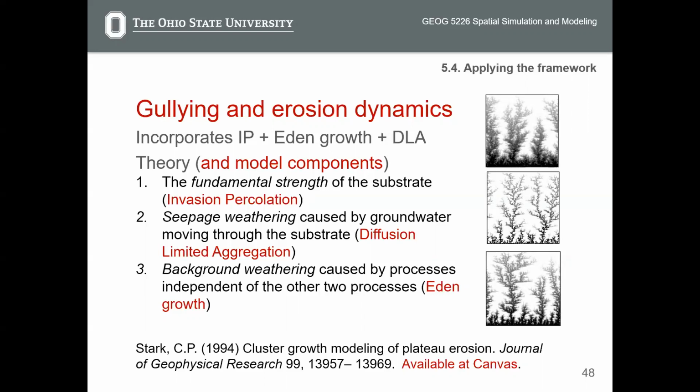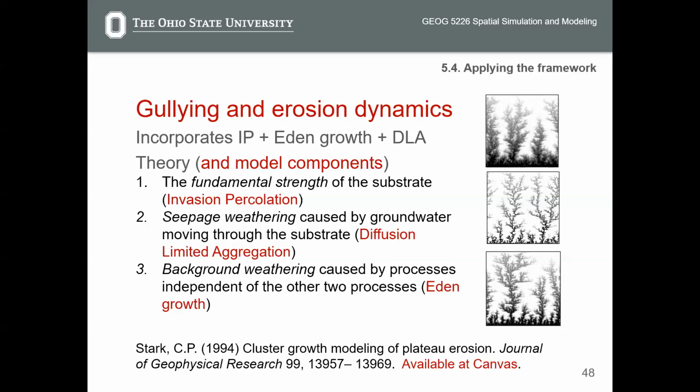The second part is seepage weathering caused by groundwater moving through the substrate. We use DLA to address this part, because the seepage weathering will reduce the resistance of substrate because it's a weathering effect.